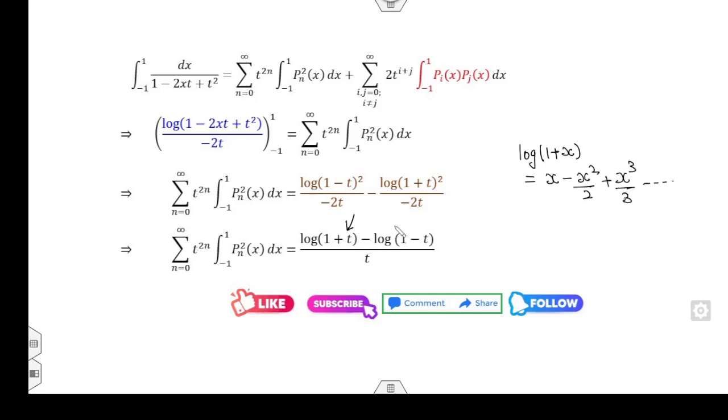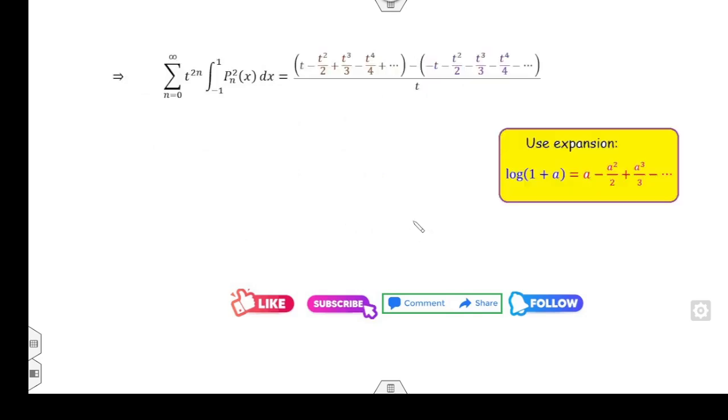I can substitute the expansion of log(1 plus t) and log(1 minus t). Open the bracket; the denominator will be t. So clearly t square by 2, t square by 2 cancel. Fine. So that will be twice of t plus twice of t cube divided by 3 plus twice of t raised to power 5 over 5, because t raised to power 4 will be cancelled out, and so on.